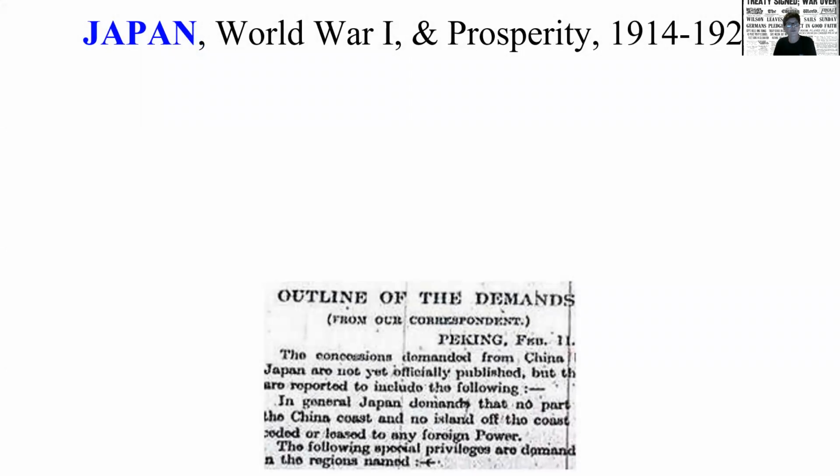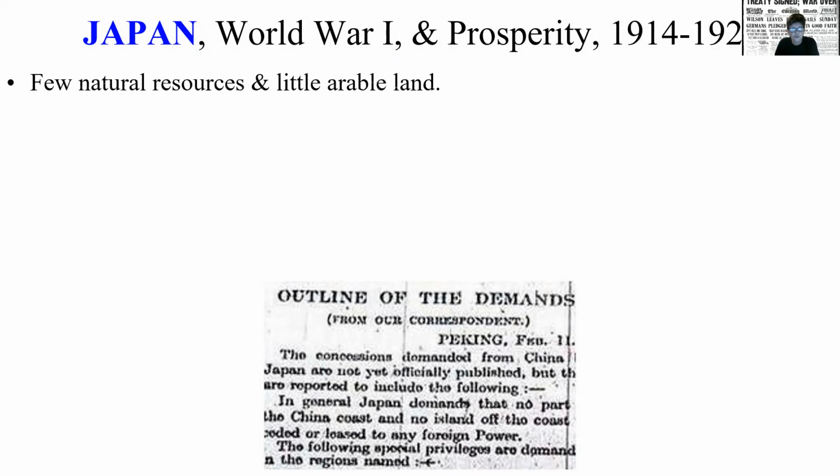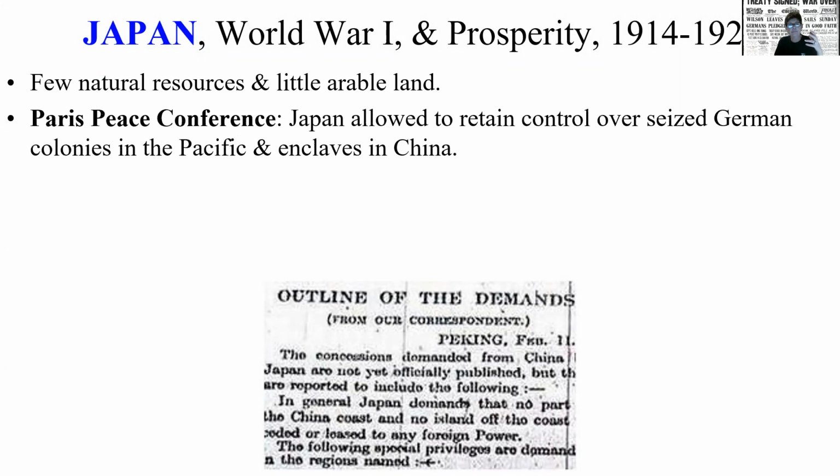So last thing, I'm going to throw out what's going down in Japan after World War I. So remember, I told you they're a bunch of volcanic rocks. All right, they don't have a lot of natural resources or farmable, fertile land. At the Paris Peace Conference, they were allowed to get all this territory, seized German colonies in the Pacific, and they even went into some of the German enclaves.